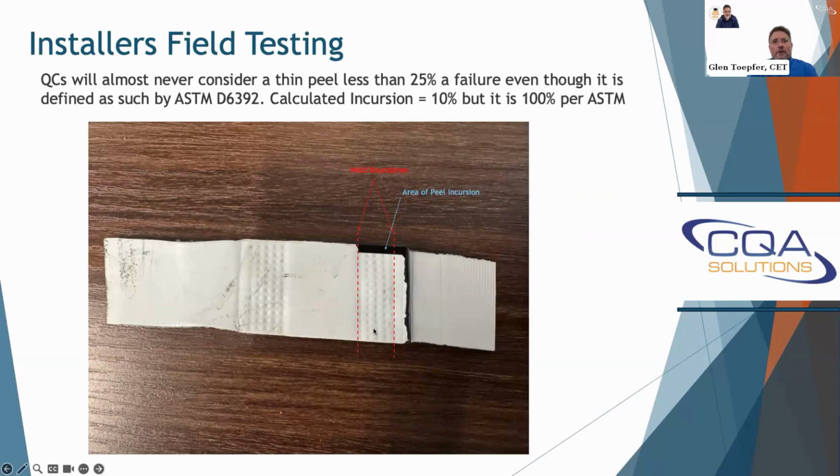You can see here it peeled and it calculates out to about 9%, so you round it to 10%. But because it peeled across this whole width, it's automatically 100%. So that's something to keep in mind if you're ever dealing with peel incursion and having to make decisions based on that.